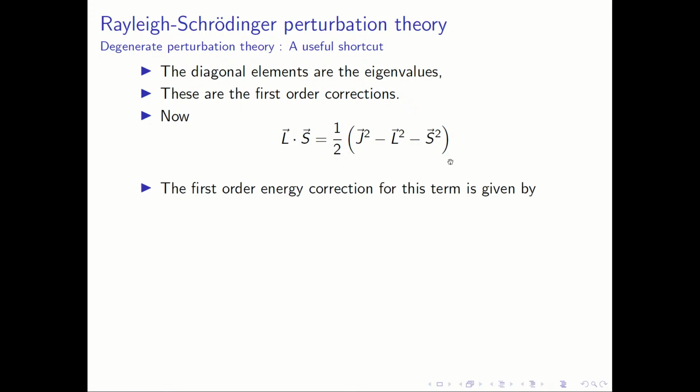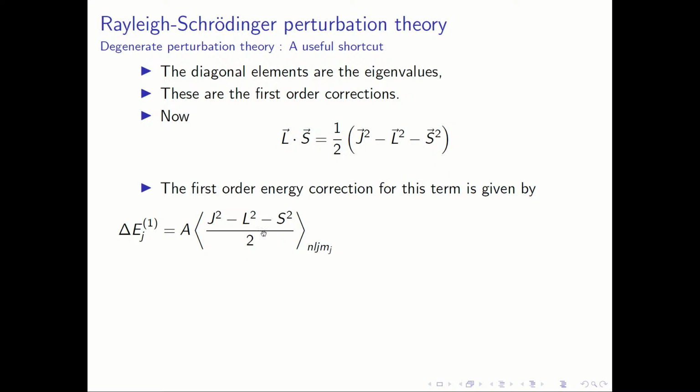And the first order energy correction due to this term will be given simply by delta E_j, which will depend on J, first order, A times whatever this expectation value is.